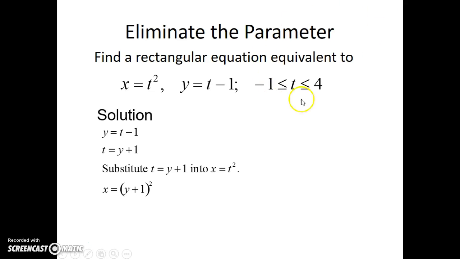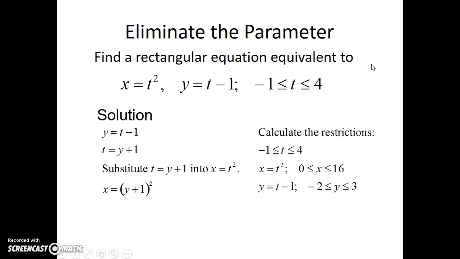But we do need to consider, if we are told that there is a domain to our parametric function, we need to find the domain to the equivalent rectangular function. So we're going to calculate the restrictions. Since t has to lie between -1 and 4, x would therefore have to lie between -1 squared and 4 squared.